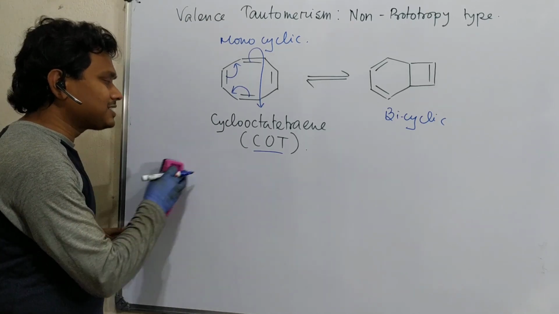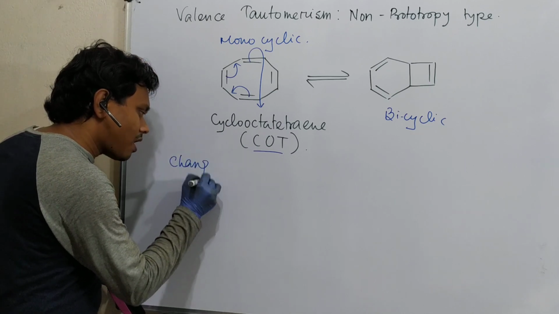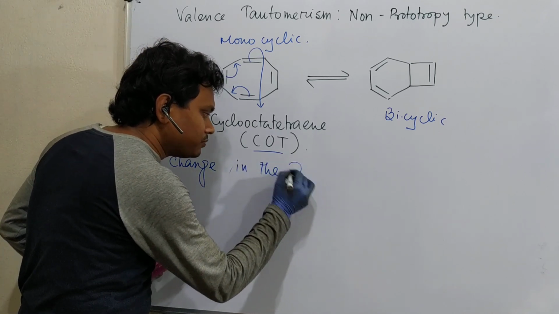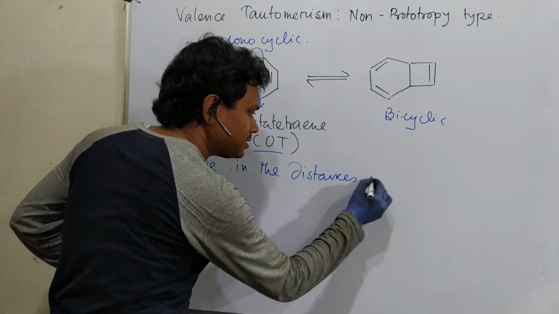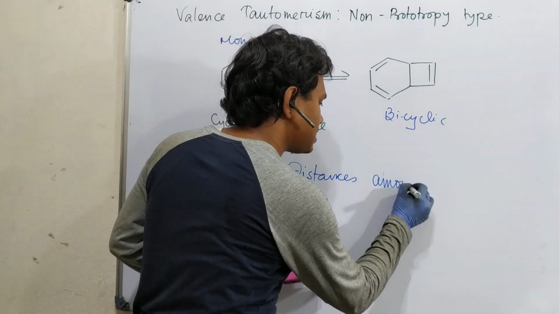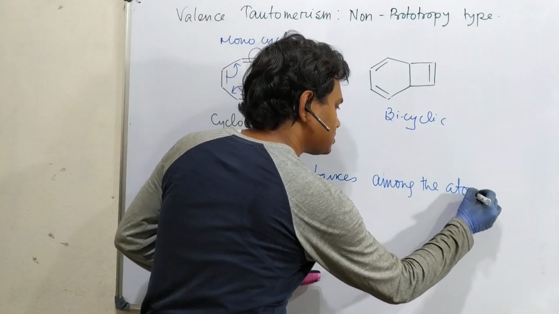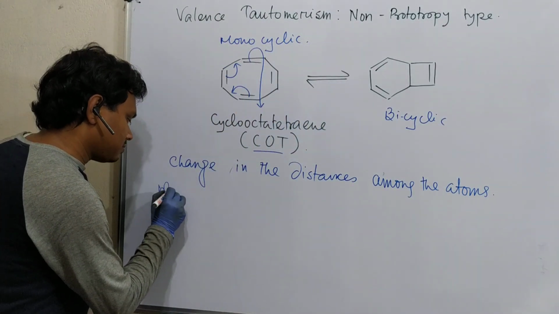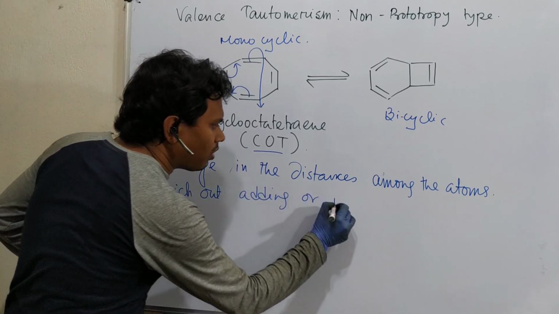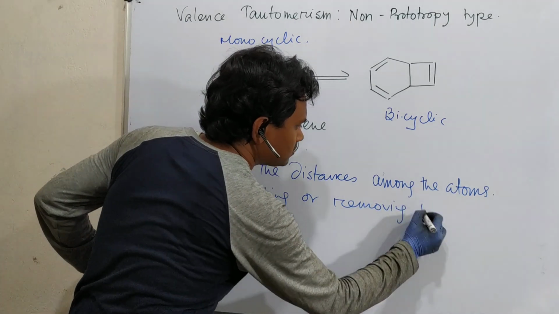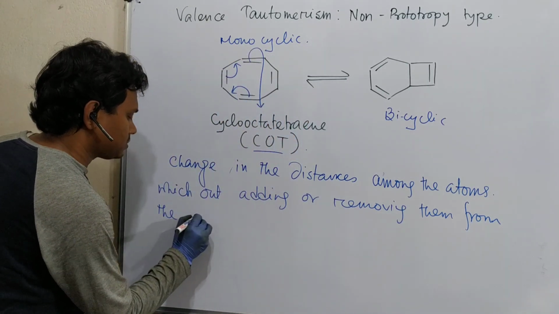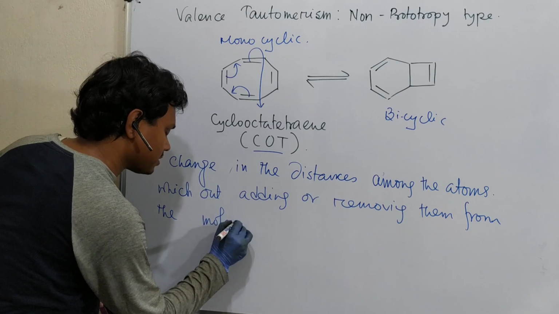The definition of valence tautomerism is change in the distances among the atoms without adding or removing them from the molecular cage, or from the molecule, better to say.